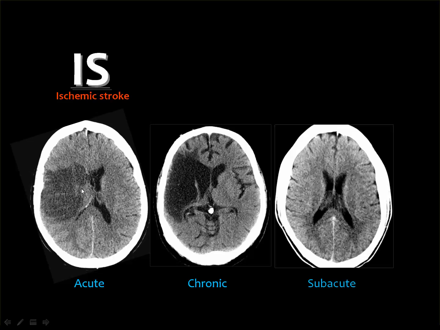Then you cannot discriminate edema from the infarction, but you know that this infarction is surrounded by edema because of the mass effect on the ventricle. If you see the infarction and the ventricle is compressed, then you know that this infarction is surrounded by edema and it is acute.